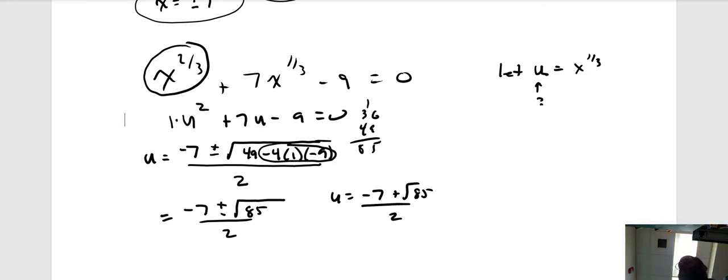Now that's some positive number, and I don't have it. Okay, give me a moment here. I guess I do have a calculator. Maybe I should have just lied and kept going, but okay. So what I get out of that is about 9.22. So we get -7 plus 9.2 over 2.